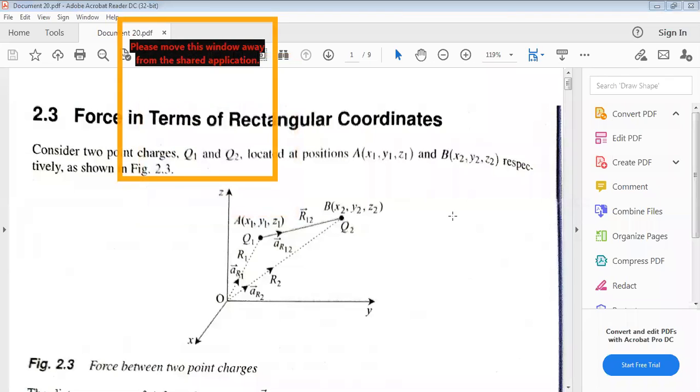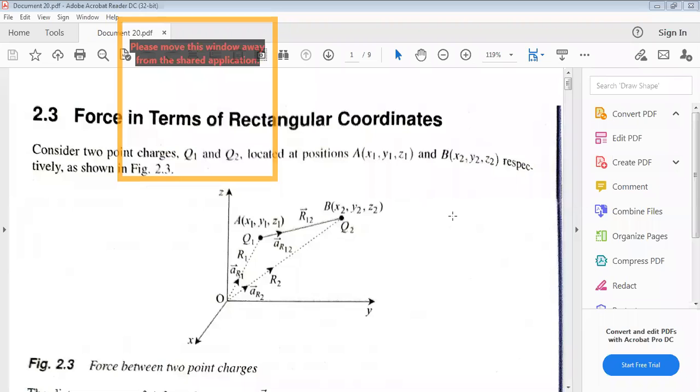What are the rectangular coordinates? What is the alternate name of rectangular coordinates? Cartesian coordinate system or rectangular coordinate system, both are the same, in which the x, y, z three-dimensional view is used to analyze a point in a space.